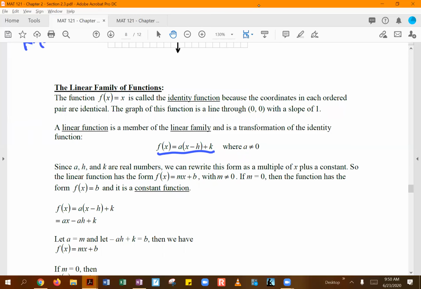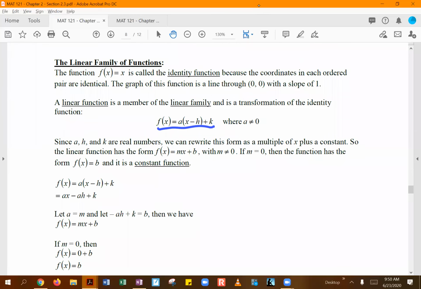In this case, your basic function for the linear family is always the identity function, which is f of x equals x, or basically your y equals x function over here. So that's always the base function for the linear family of functions. And then any kind of transformation you do is basically going to change the slope of your line and where your y-intercept is going to be.